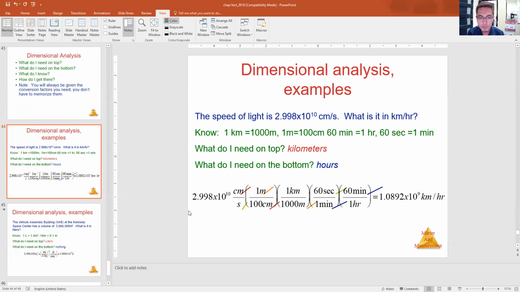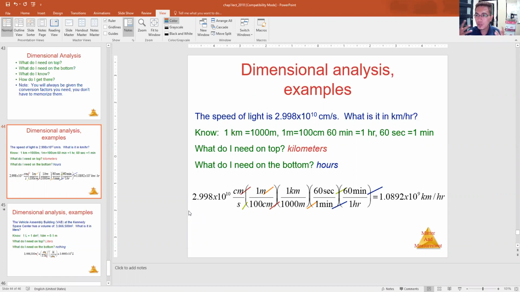So for example, the speed of light is 2.998 times 10 raised to 10 centimeters per second. What is it in kilometers per hour? From centimeters per second, we convert to kilometers per hour. We know that 1 kilometer is 1,000 meters, 1 meter is 100 centimeters, 60 minutes is 1 hour, and 60 seconds is 1 minute.